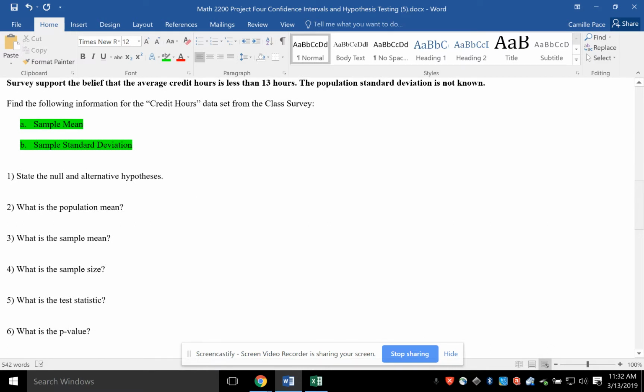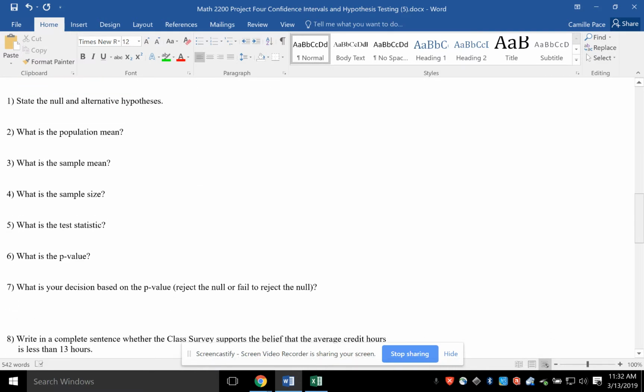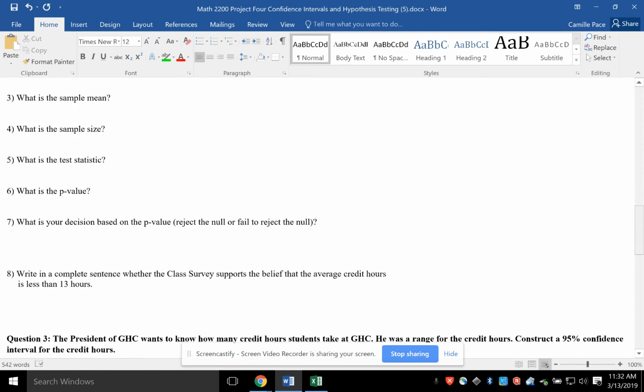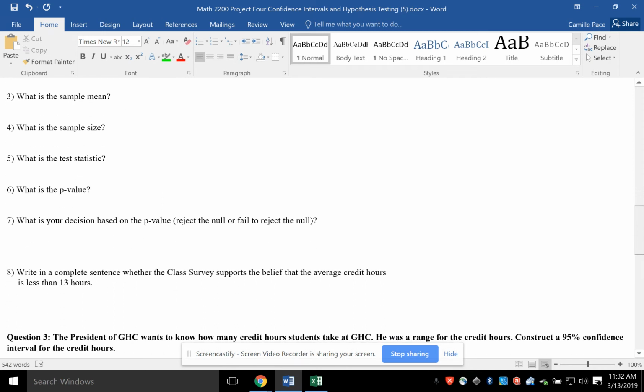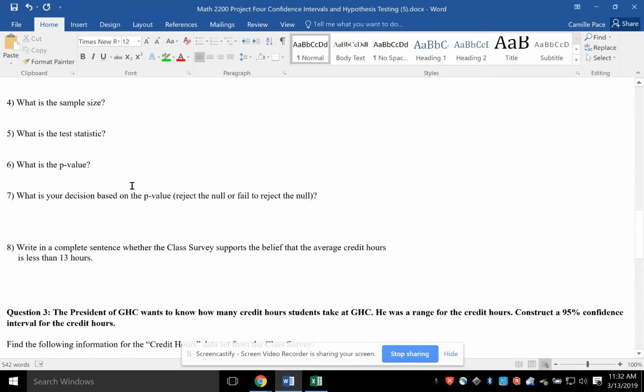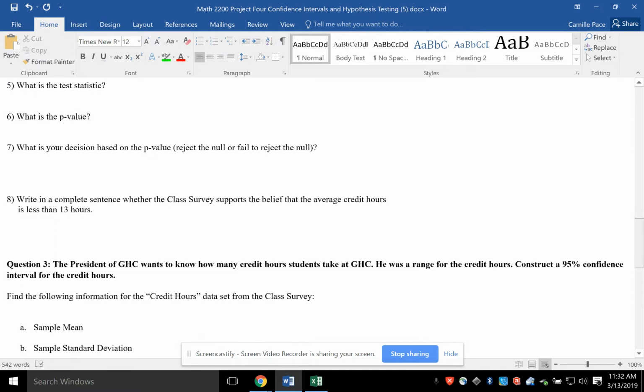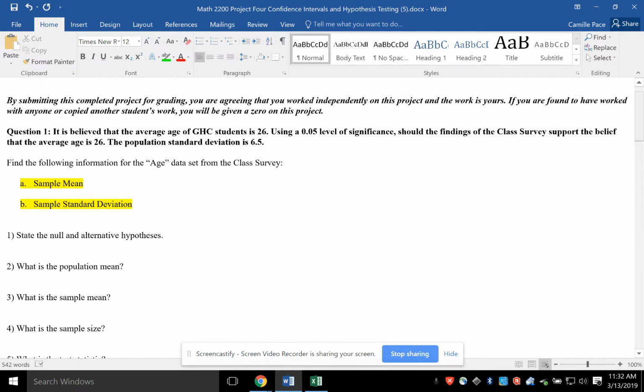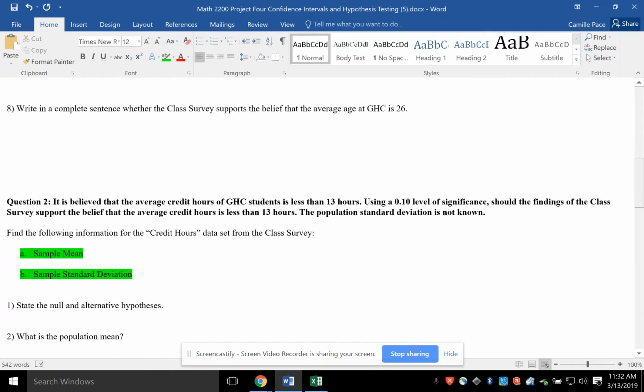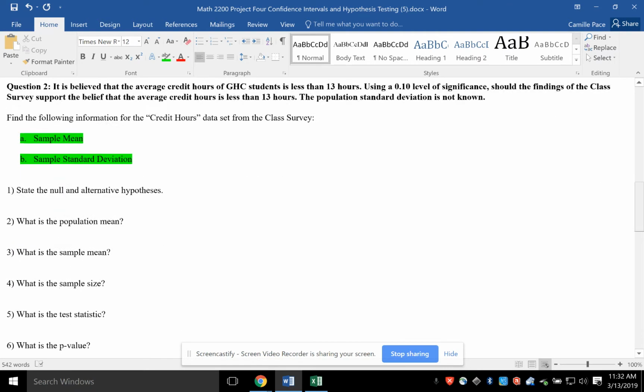Again, I have to do the hypotheses, the population mean, sample size, and test statistic. Again, that's either a T or a Z, and you have to give the actual value, and then the actual p-value, whether you reject or fail to reject the null, and then you need to conclude based on that statement. So 1 is either a Z or a T test, 2 is either a Z or a T test.